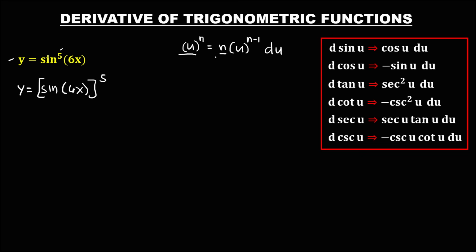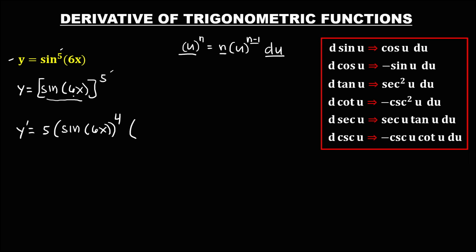Then we can apply now this general power rule. So we have n. N is the exponent. So y prime equals n, then times sine 6x, then we have n minus 1, so 5 minus 1, so this is 4, then times the derivative of u, or the derivative of sine 6x.